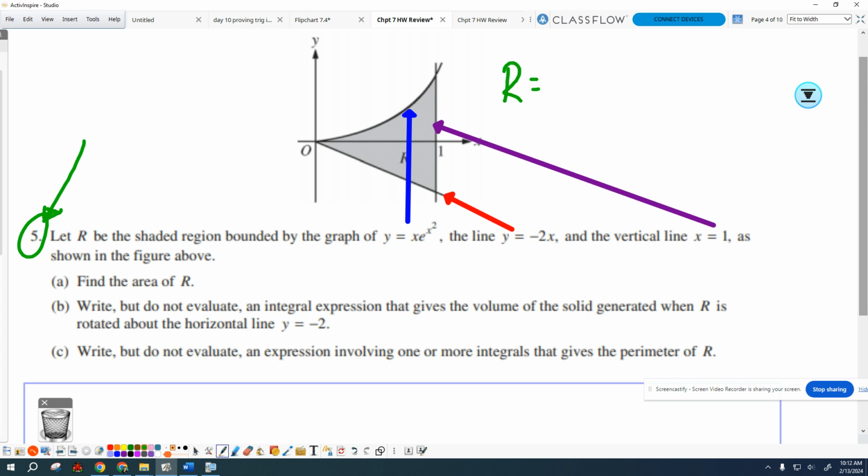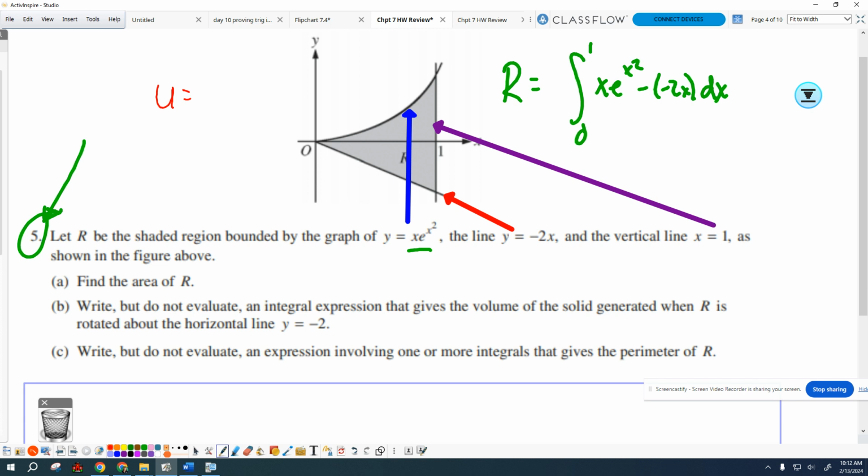Find that area. Are you guys gonna do top minus bottom or right minus left? Top minus bottom. Oh my goodness, yes. So the top curve minus the bottom curve, integrated over 0 to 1. How do we integrate x e to the x squared? U substitution. Please remember we still have that.